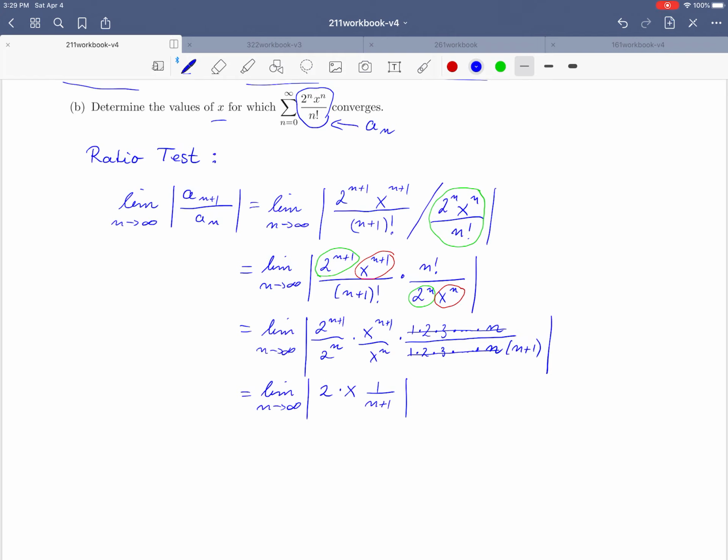We want to know what that limit is. Now, the limit only depends on n, as n goes to infinity. So we can take everything that doesn't have an n in it, and pull it outside of the limit.